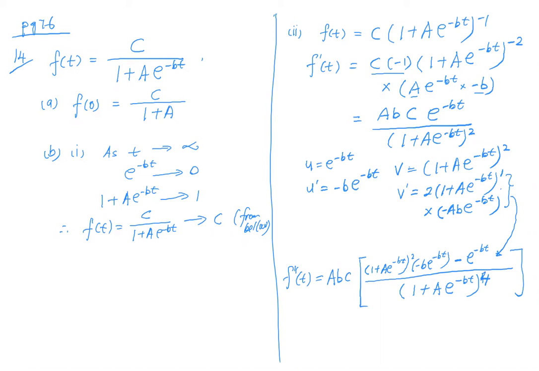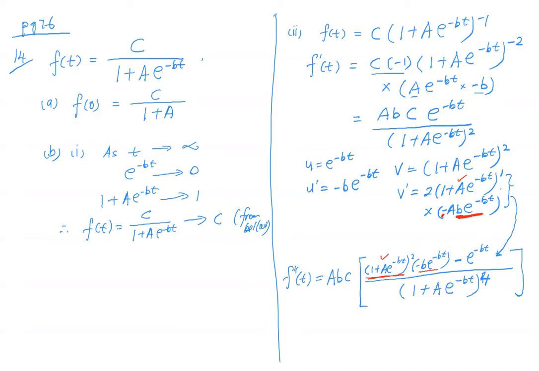Okay. So now what you need to do is you factorize. There is a b here. There's a be here. Negative be, so I take it out. And the common factor, another one is here. Okay.